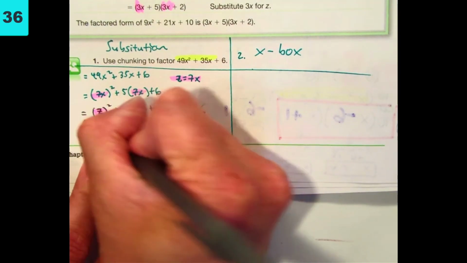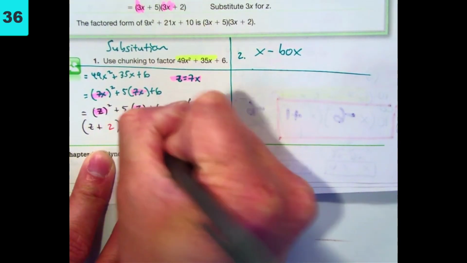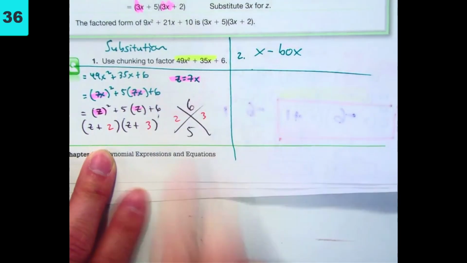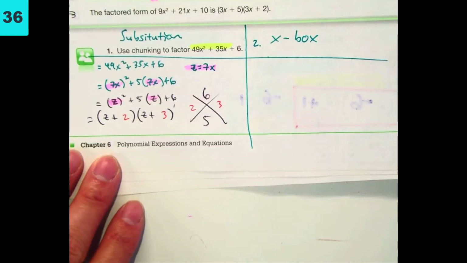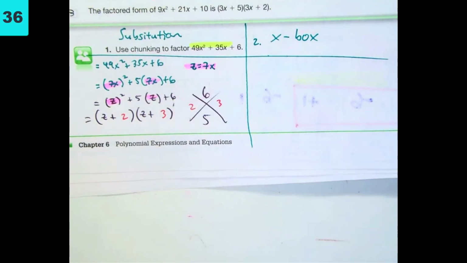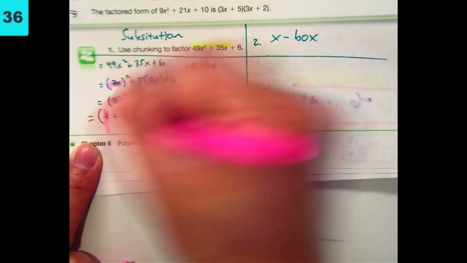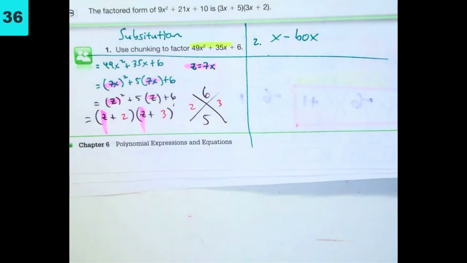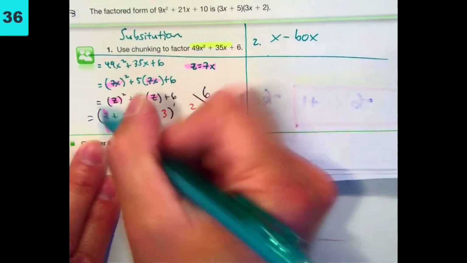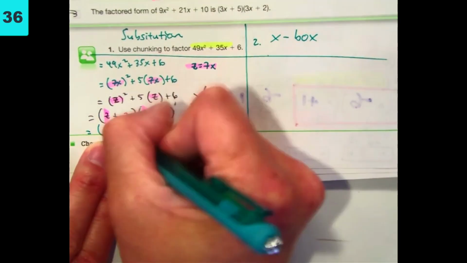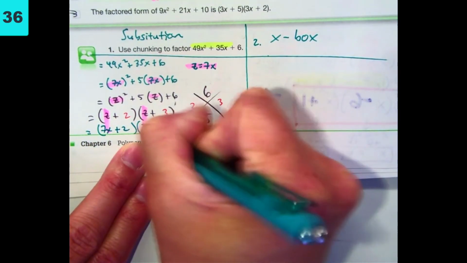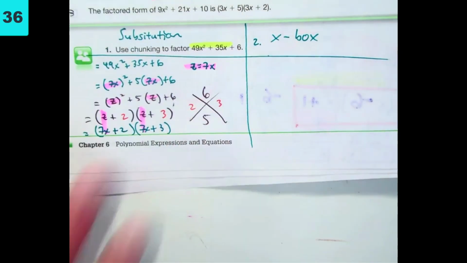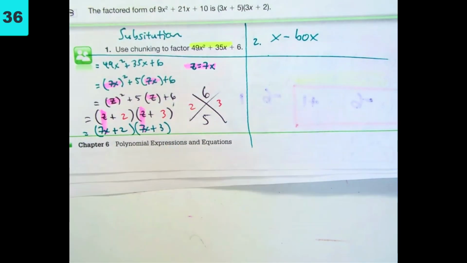So I have z plus 2, z plus 3 that I got from my factor. And then we just finish up the problem by going back here. Instead of writing z, class, we can write what? 7x plus 2, 7x plus 3, and this is my answer.